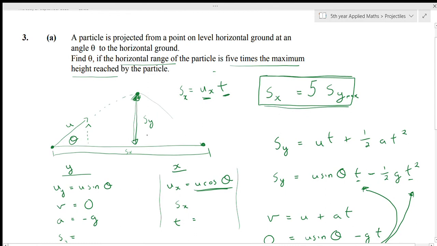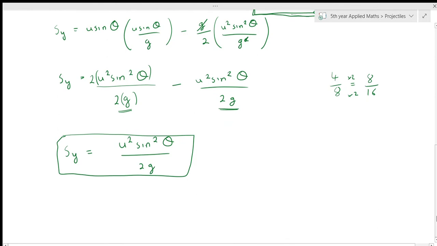So if the time taken to get from here to here equals u sine theta over g, which we've just figured out, the time taken to get from here all the way down to here is going to be twice that, 2u sine theta over g. So when we form our equation now, Sx equals ux times t, our ux is going to be our expression for u, which is u cos theta, u in the x direction.